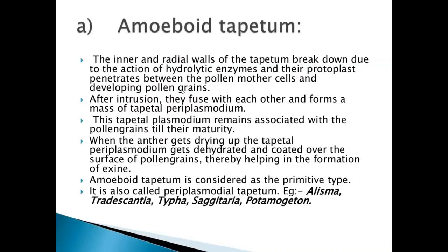Amoeboid tapetal cells are formed from the immature tapetal cells. For example, some lower dicotyledons and some lower monocotyledons. At the same time, the secretory or glandular tapetal cells develop from mature cells.